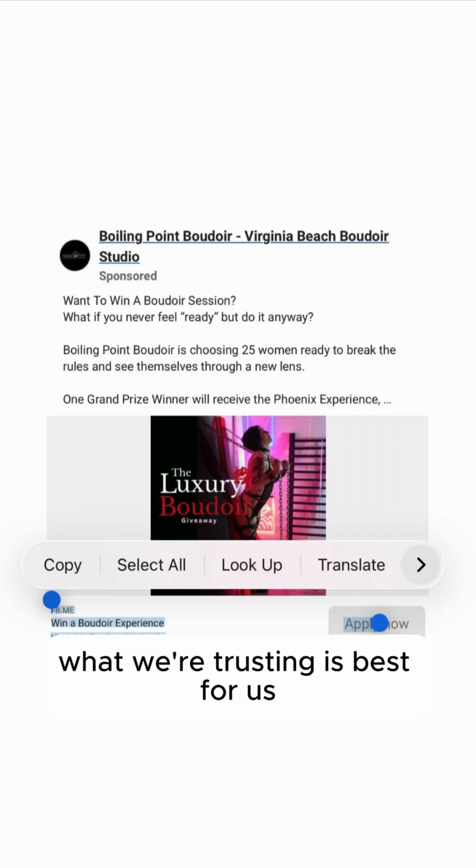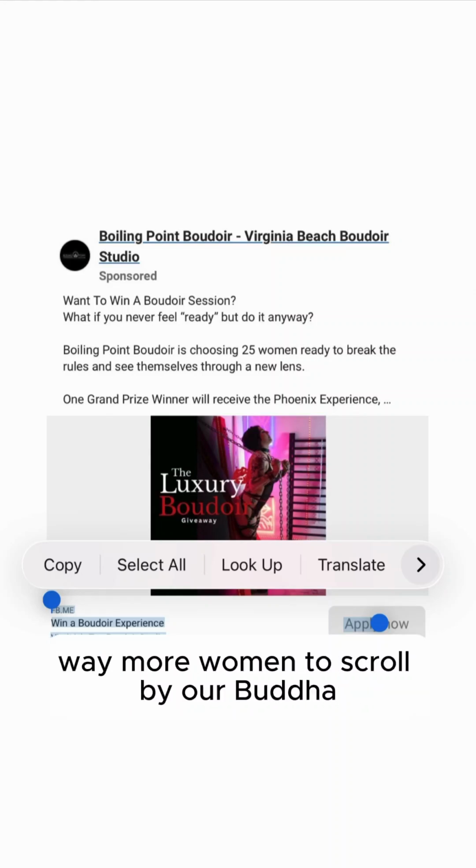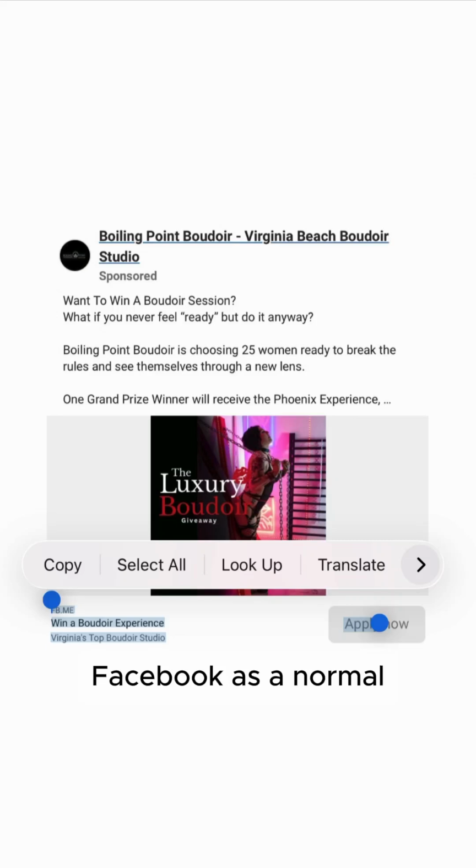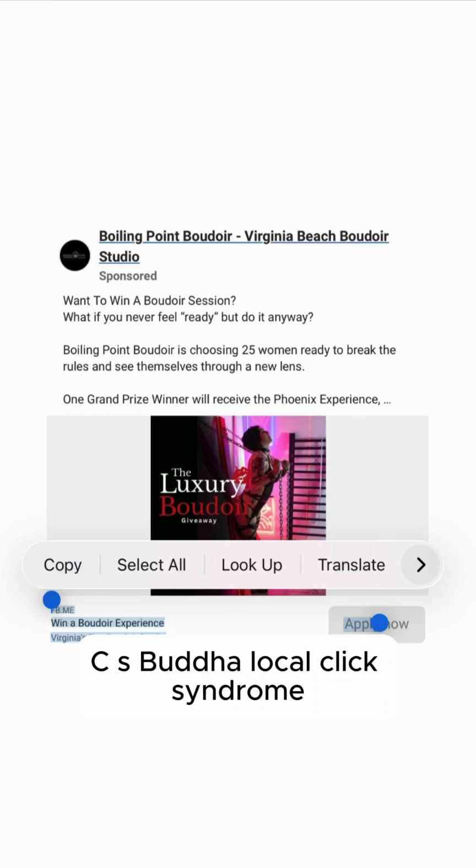We're trusting it is best for us, but when we do this, it actually causes way more women to scroll by our boudoir Facebook ads than normal, pulling our unique CTR under 6%, contributing to BLCS, boudoir low-click syndrome.